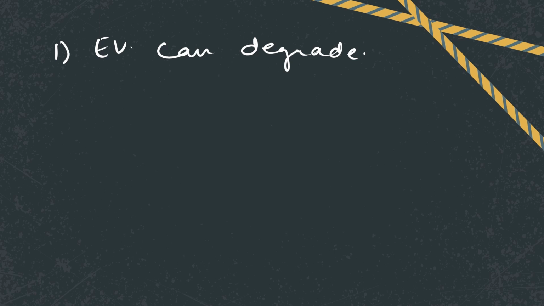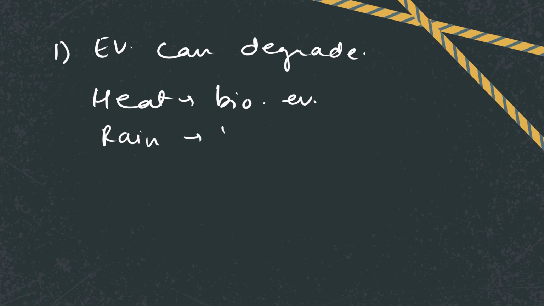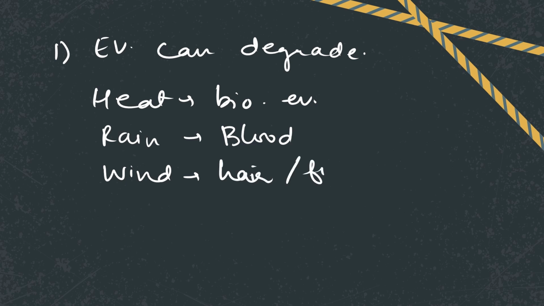Example, the sunlight can damage DNA, or the heat can destroy the biological evidences. If there is rain, it can wash away the blood, and wind can also blow away your trace evidences like hair or fibers. Animals or insects can also come and they can disturb the scene.